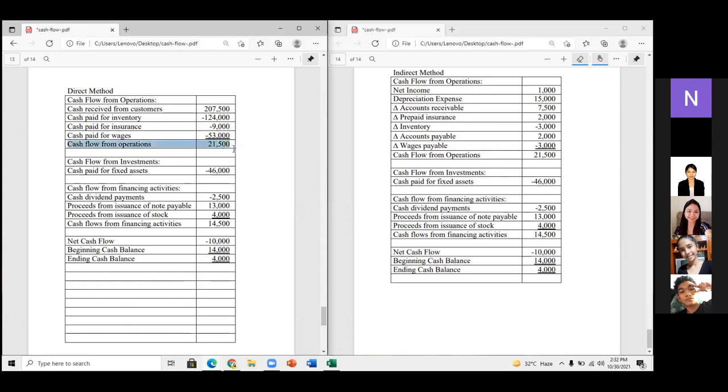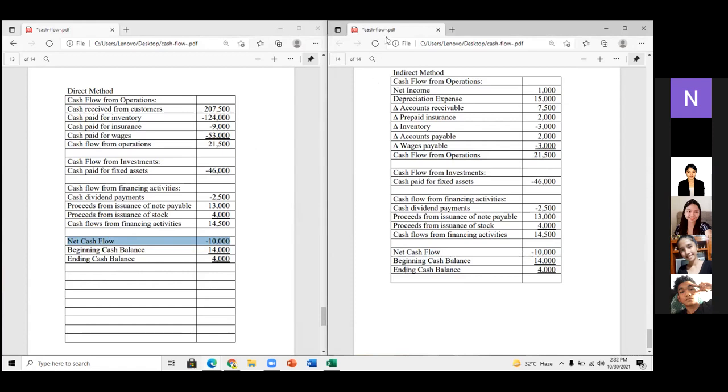Same sila na nakuha na 21,500. So ibig sabihin, yung net cash flow mo is magiging same lang din. Gets? Malinaw yon. So ayun, yun na yung end ng problem na to.